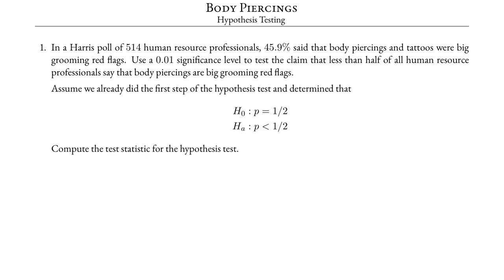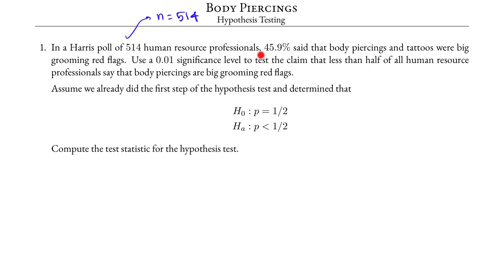First, when we read the question, we should summarize these numbers in symbolic form using statistical notation. 514 human resource professionals is the sample size, so this is n equals 514. 45.9% say that body piercings and tattoos were big grooming red flags.